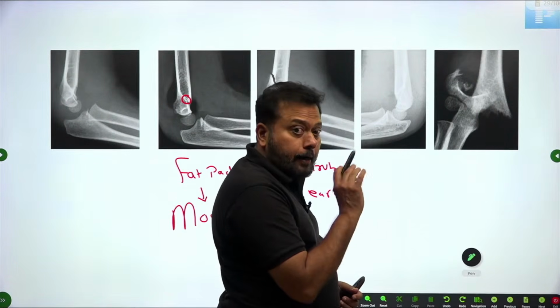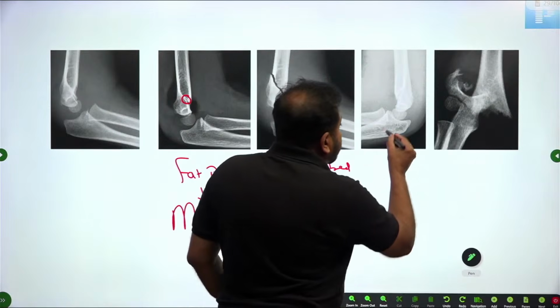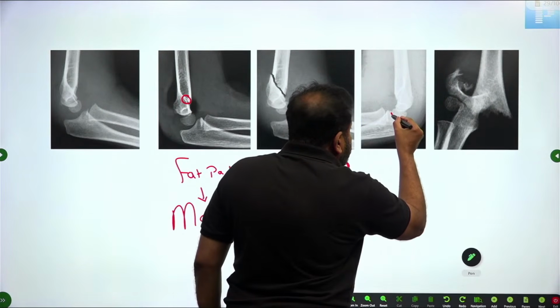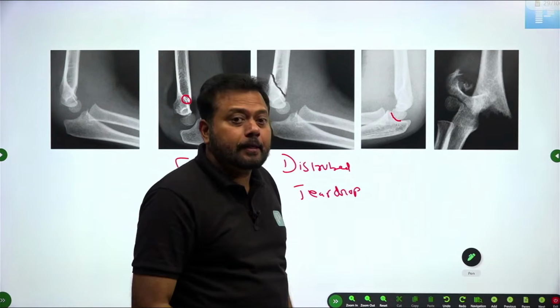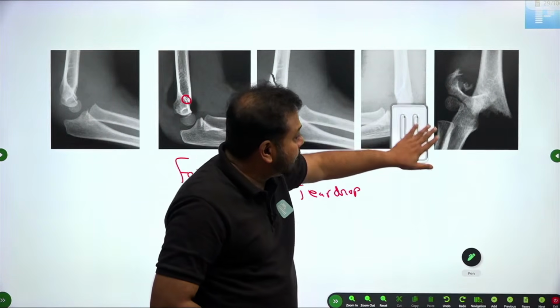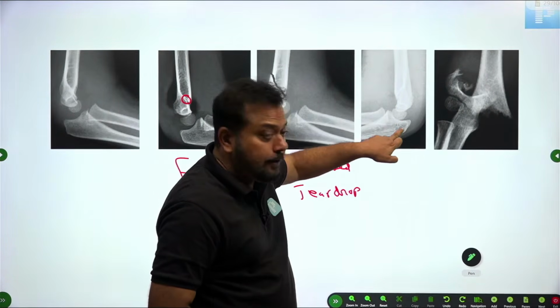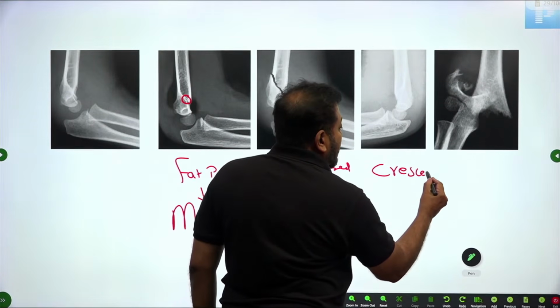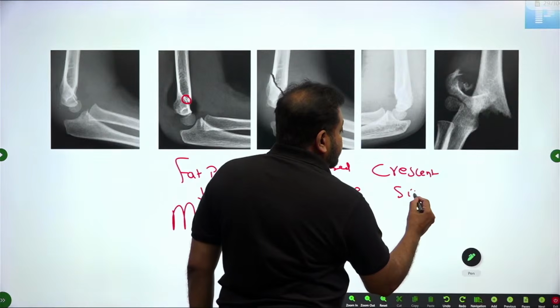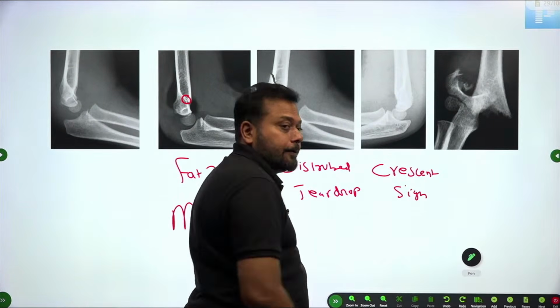I will draw and I will rub. You see here a crescent, this overlap of the capitulum and the olecranon results in a crescent like shadow, opacity. This is called crescent sign.